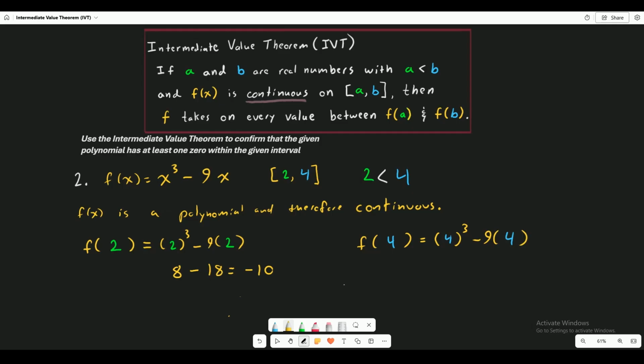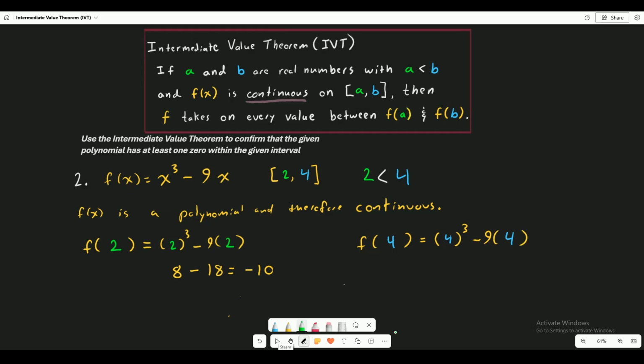I'm confident in my ability, but it's never bad to check your answer, right? We all check our answers. Cool, negative 10 is correct. So f of a is negative 10.